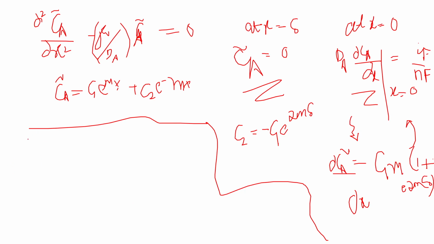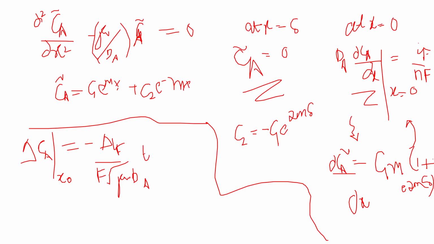I'll just write: you'll get ∂CA at x equal to 0 as something like minus ∂IF.